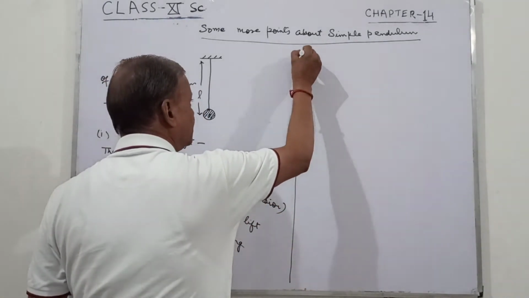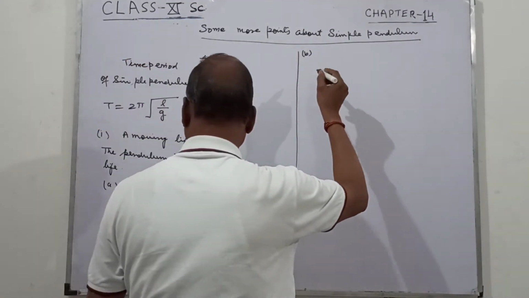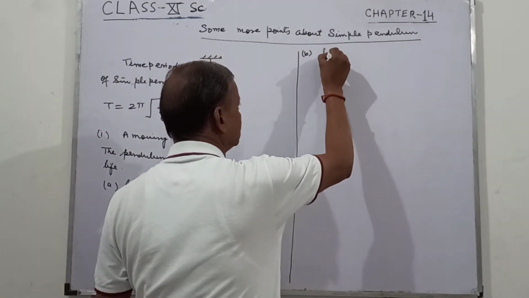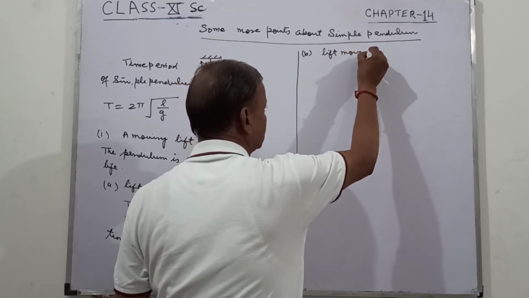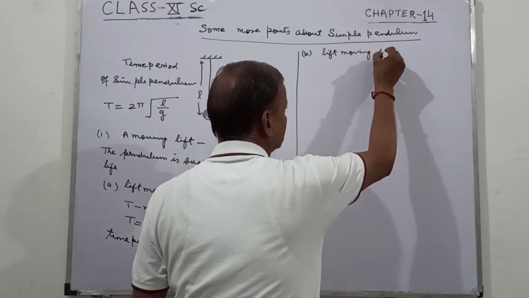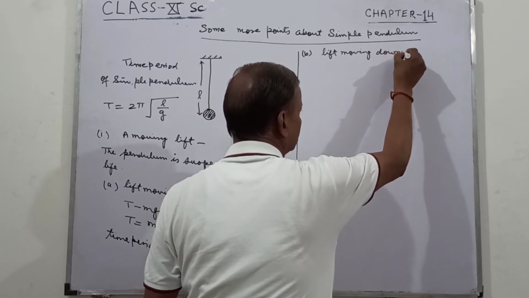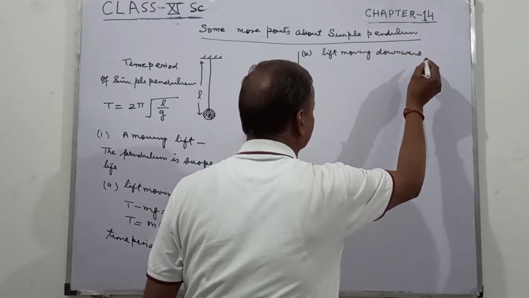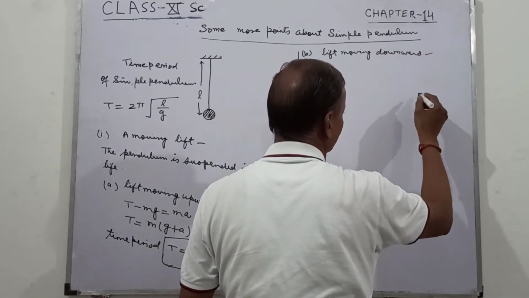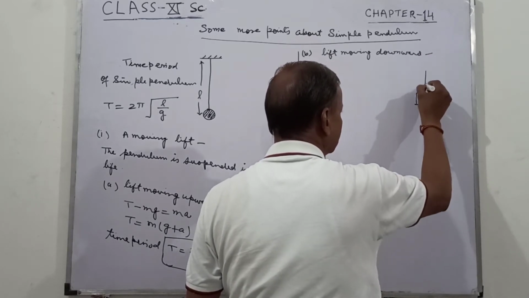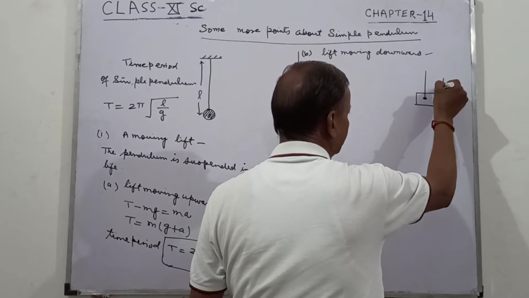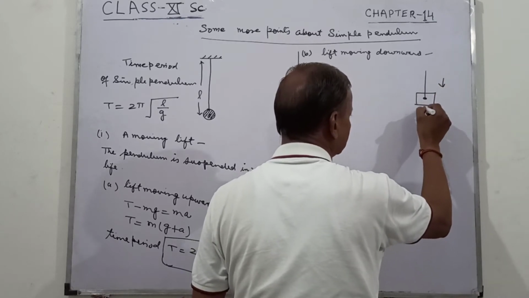Now B, lift moving downward. Suppose this is the lift and it is moving downward.